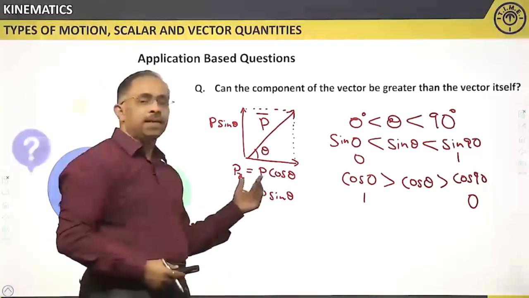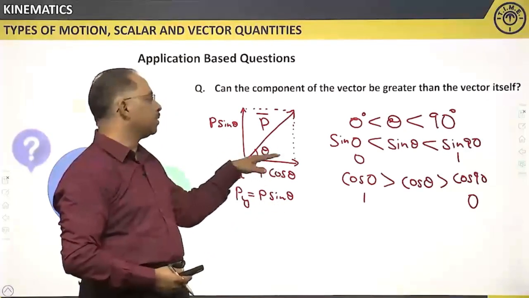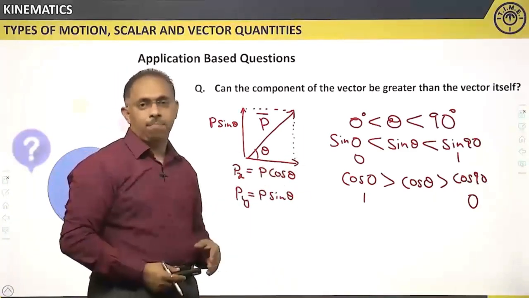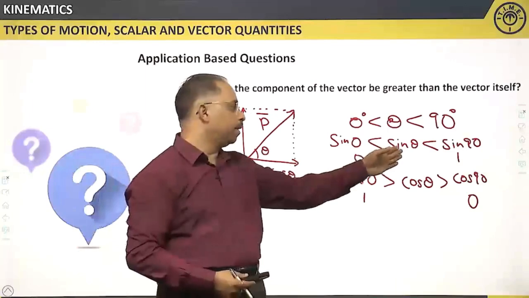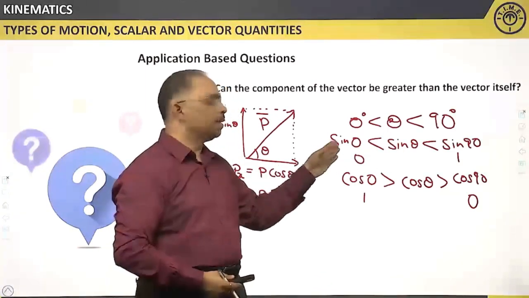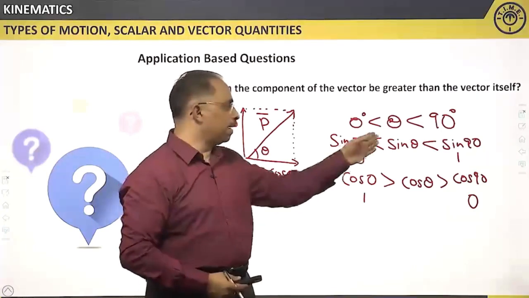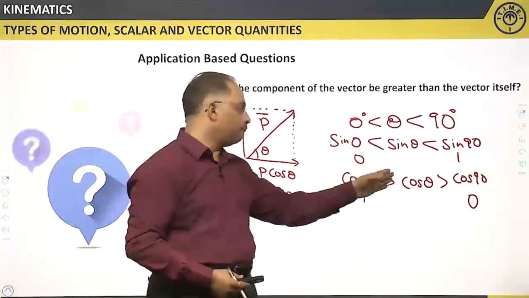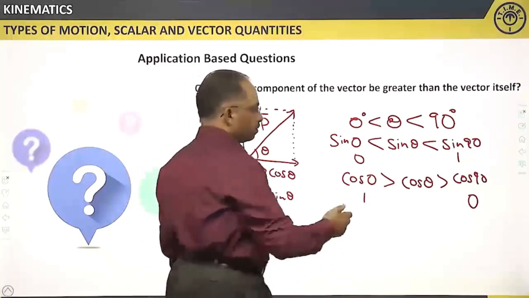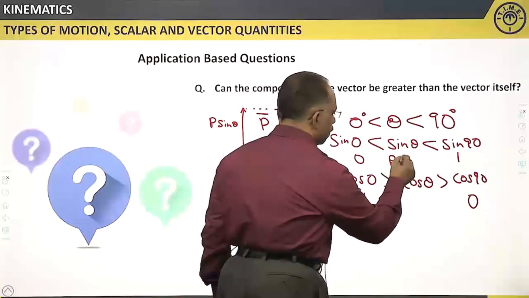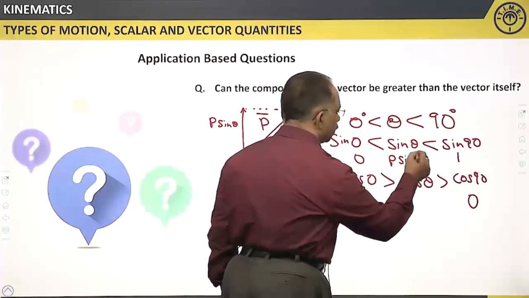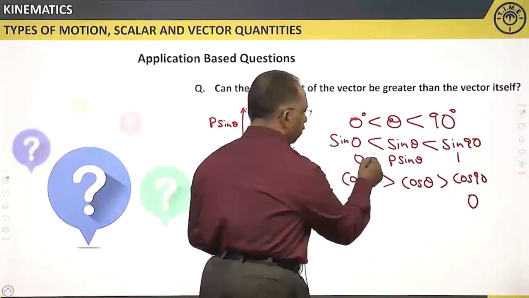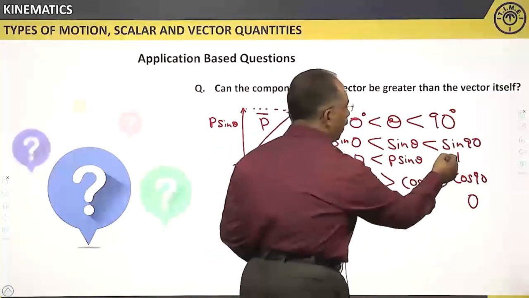Similarly, p sin theta also, when theta is lying between 0 and 90, p into sin theta will be less than p. So, if you multiply here, p sin theta will be greater than 0, but less than p sin 90, which is p into 1.